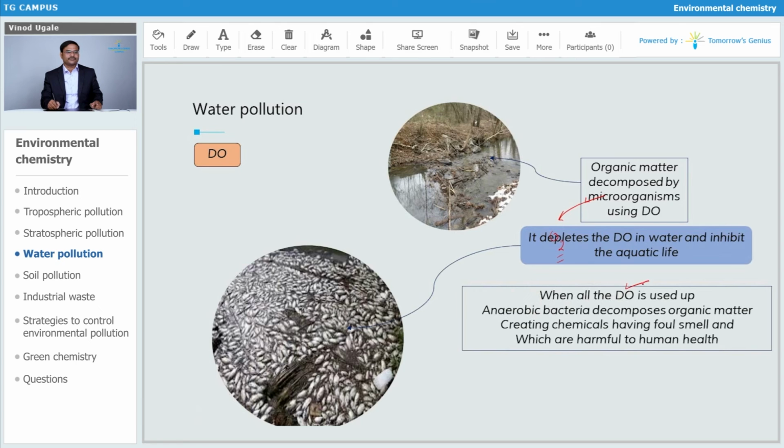When all the DO, dissolved oxygen, is used up, anaerobic bacteria, which cause decomposition of organic matter in the absence of oxygen, take over. That is called anaerobic oxidation. Anaerobic decomposition is going to create harmful chemicals which have a foul smell, and indirectly it is harmful to human health.